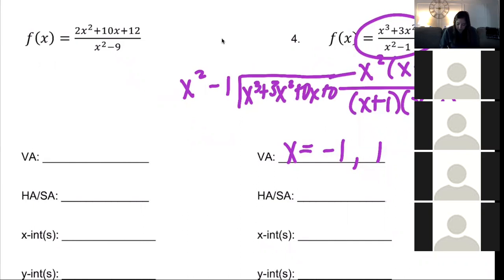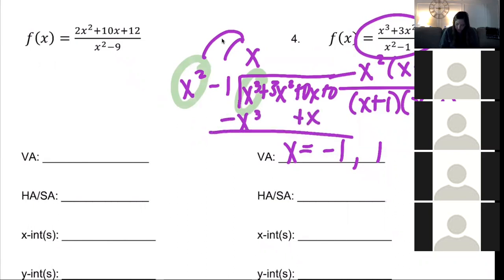So then I look at my first term and I think, how do I get from x squared to x cubed? I would multiply it by x. Then I distribute the x to x squared and -1. So it'd be x cubed minus x. And then I flip the signs. Probably should have given myself some more room.